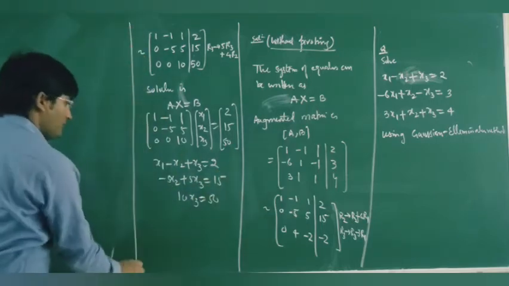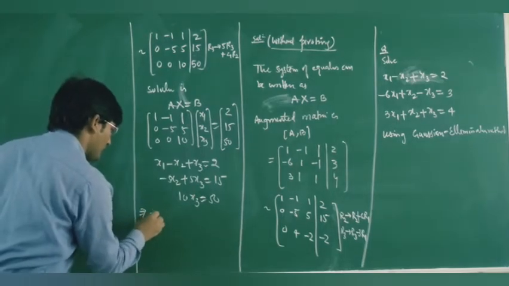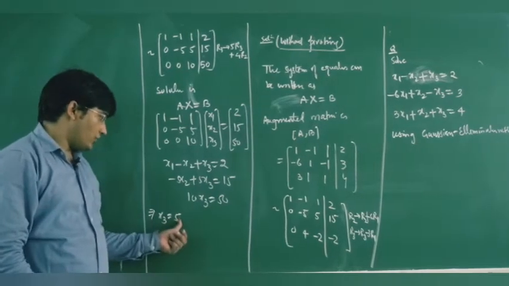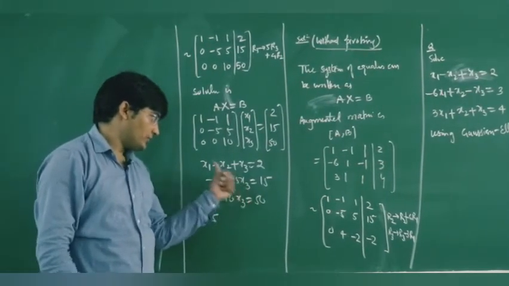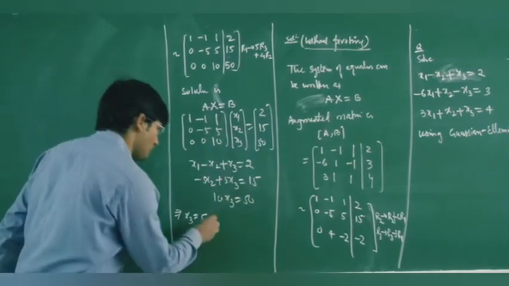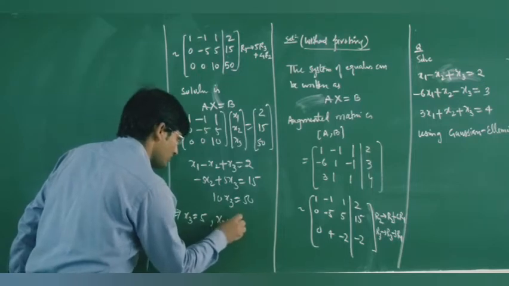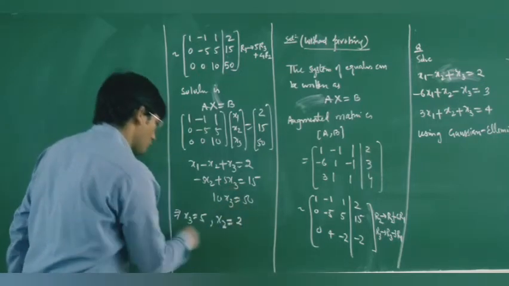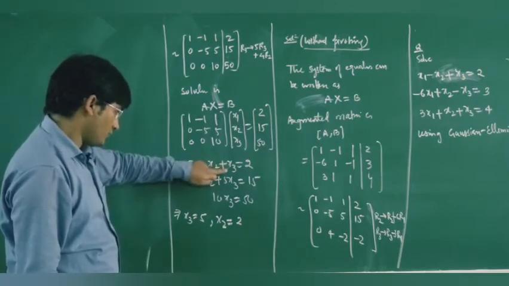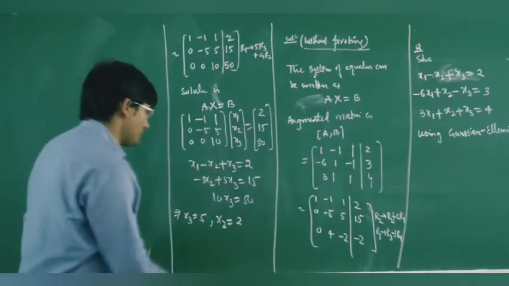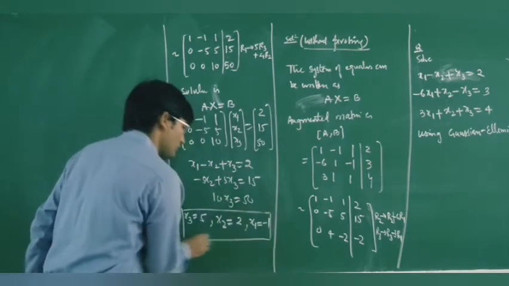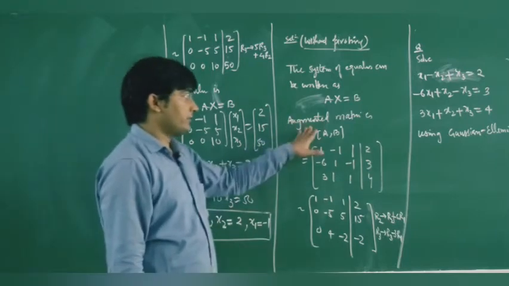Okay, now from here we have x3 equal to 5. Now put the value of x3 5 here, so this will be your 25, then we have 15 minus 25, so minus 10, so our x2 is plus 2, and put the value of x2 and x3 here, so we have minus 2 plus 5, so we have plus 3, so our x1 is minus 1. So this is your answer of this particular problem without any pivoting.